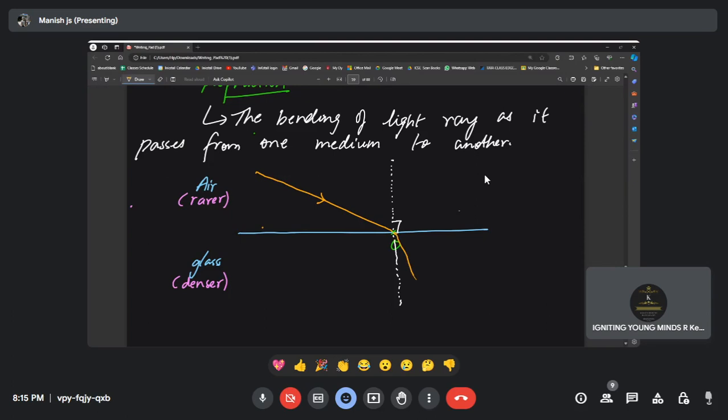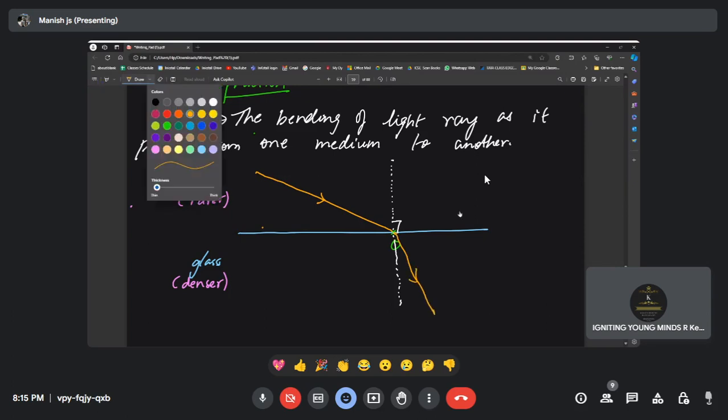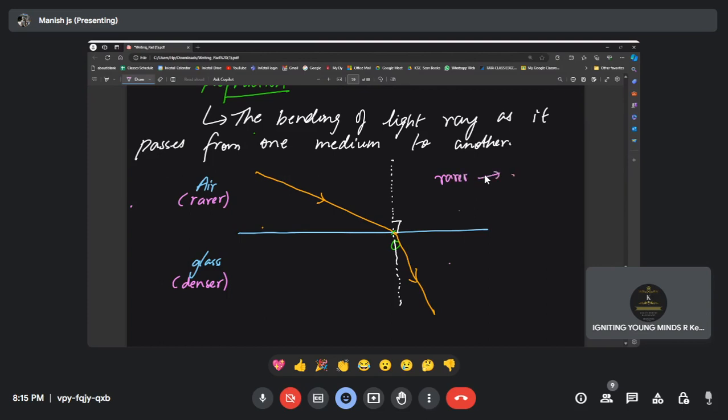It is bending like this. Is it clear? So when a light ray travels from a rarer medium to a denser medium, it would bend towards the normal. This is something that you'll have to keep in mind.